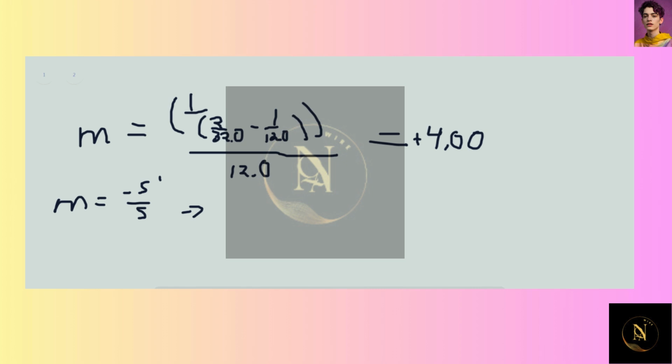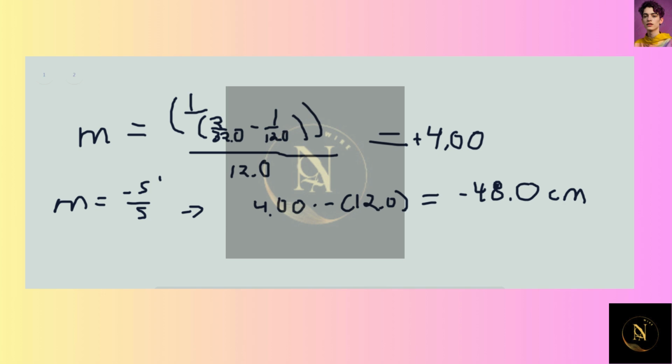So we get 4.0 times a minus 12.0, and that will give us that our image is located at minus 48.0. Now this is all in centimeters. Okay, now this minus sign says that the image is now going to be to the right of the mirror instead of to the left.